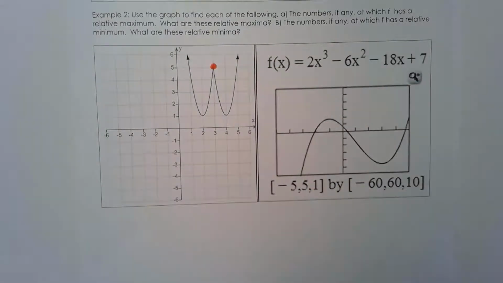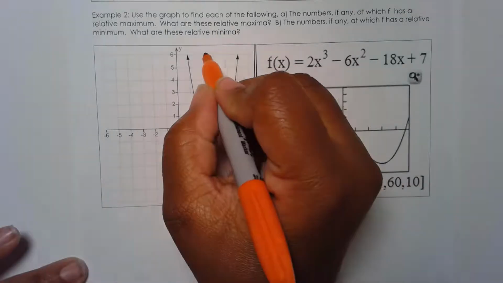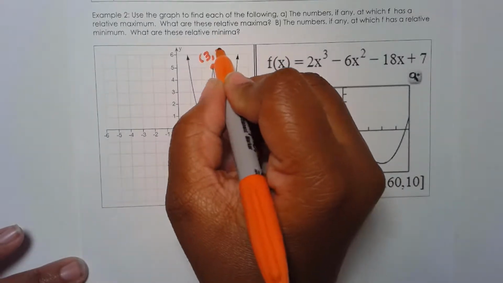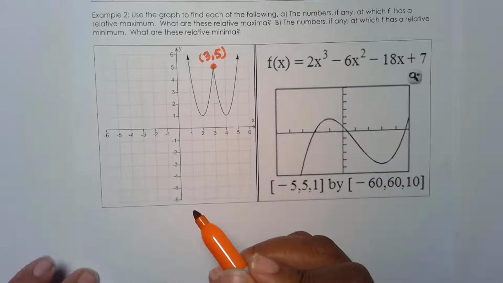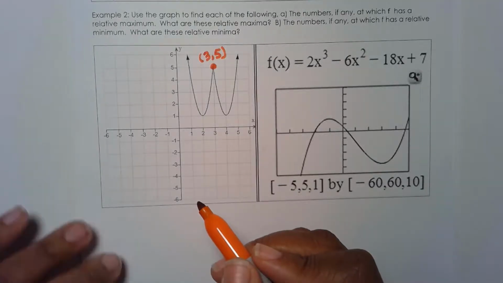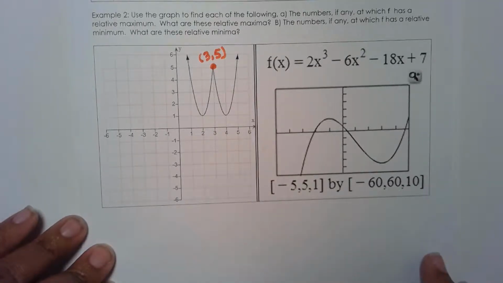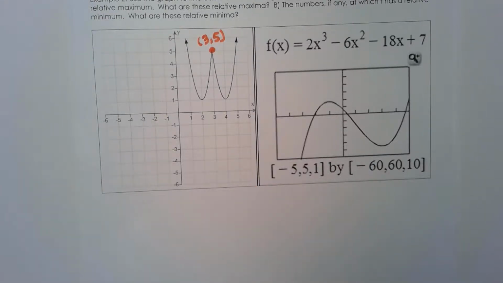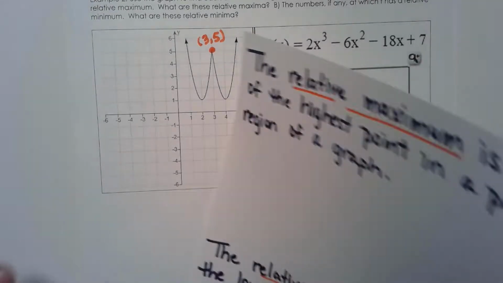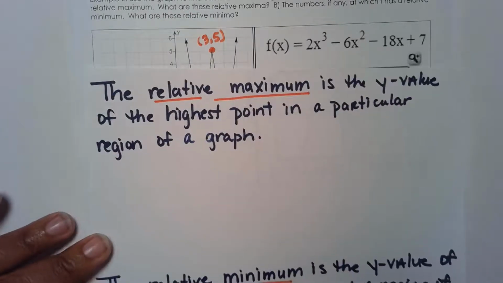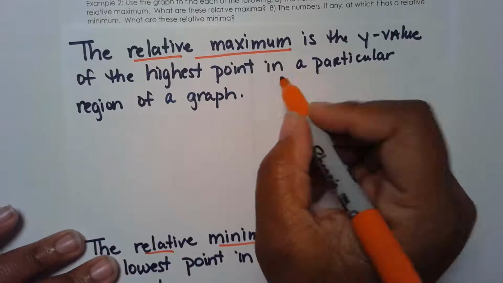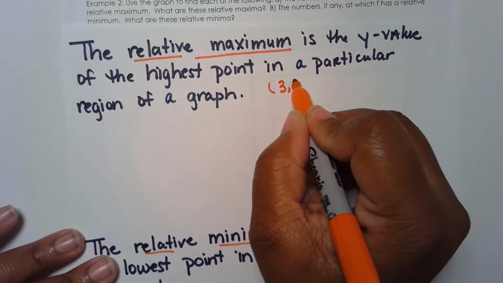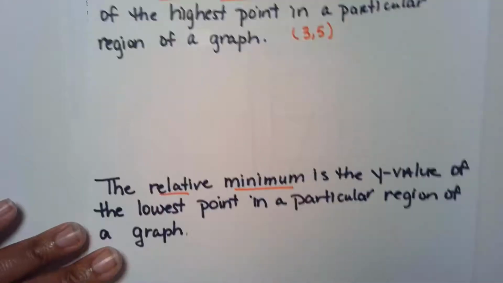That will be (3, 5). So what this is saying, and I'm going to write it out in words so that you understand, for the relative maximum, the highest point of this graph is (3, 5).